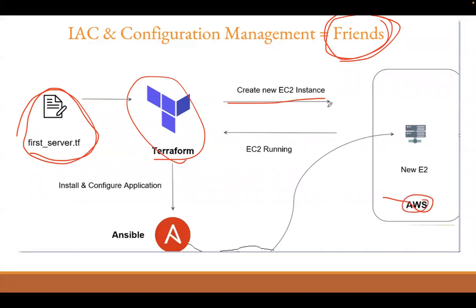Create a new EC2 instance in AWS or Azure or Google Cloud or whatever it may be. After creating the EC2 instance through Terraform, Terraform says that the EC2 instance is running. After the EC2 instance is running, Terraform tells Ansible to install and configure the application, something like Java or Tomcat.